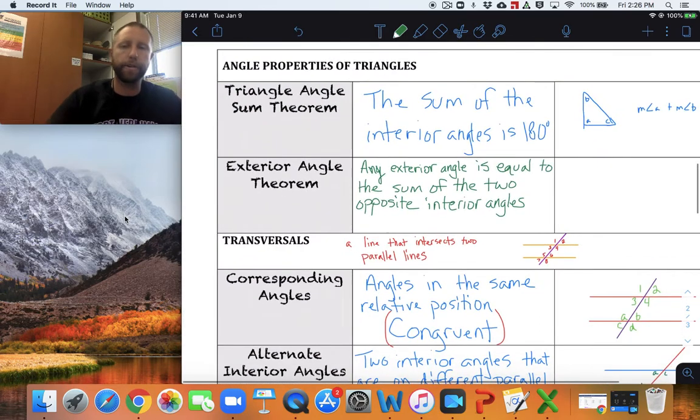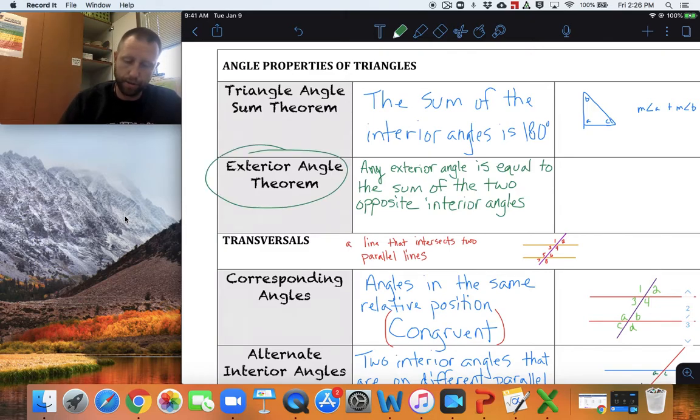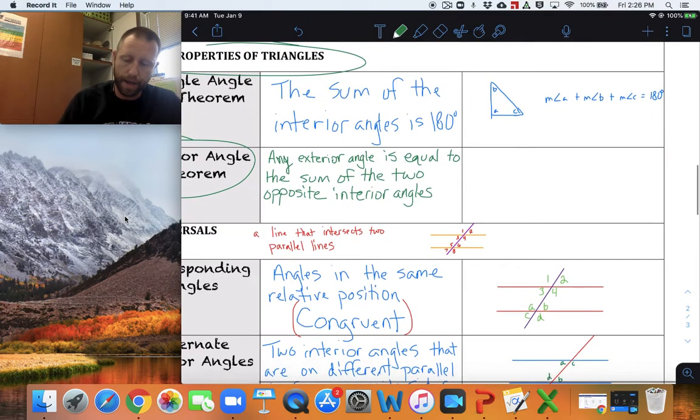Okay, so when I say exterior angle, I'm referring to the exterior angle of a triangle. So the exterior angle theorem has to do with triangles because these are all the properties of triangles, okay?